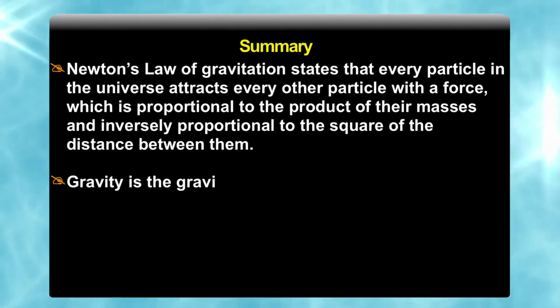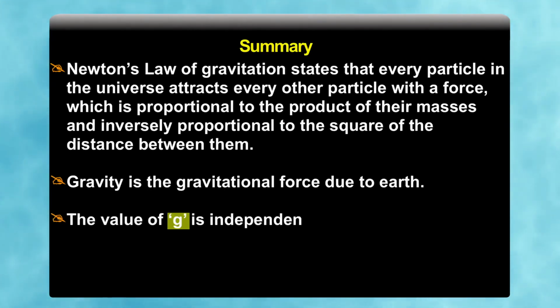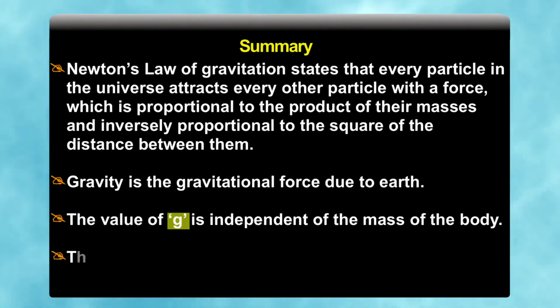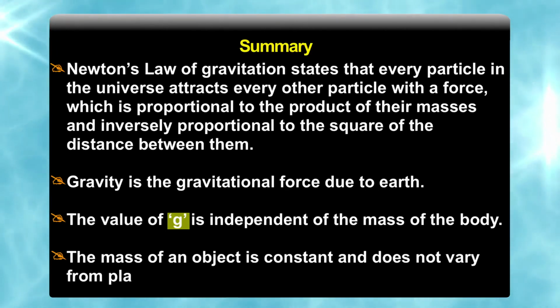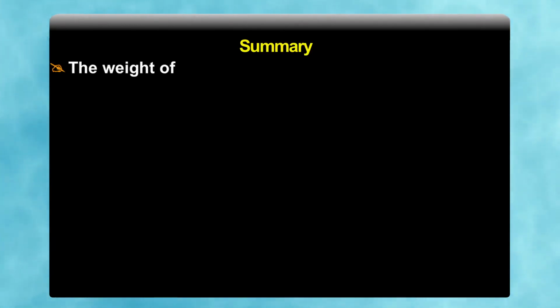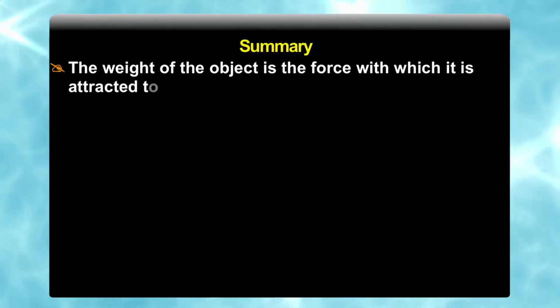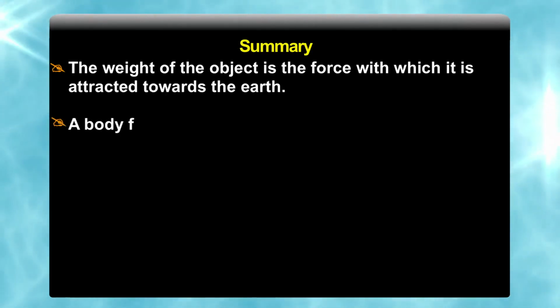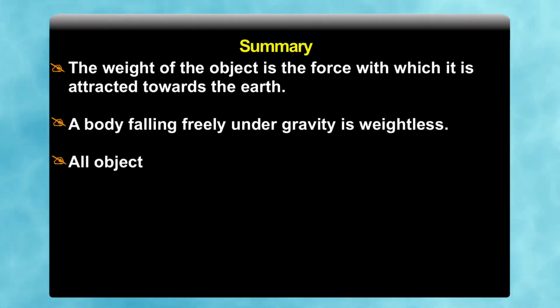Gravity is the gravitational force due to Earth. The value of g is independent of the mass of the body. The mass of an object is constant, does not vary from place to place. The weight of the object is the force with which it is attracted towards Earth. A body falling freely under gravity is weightless.